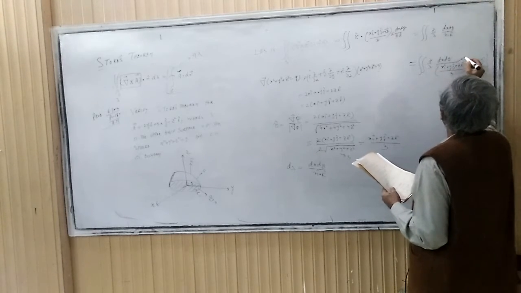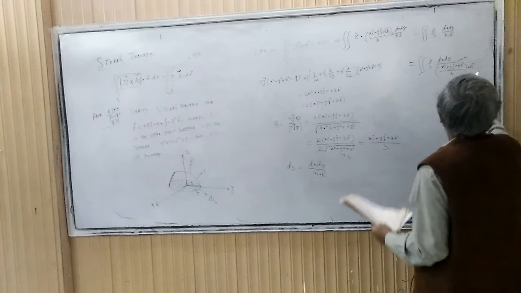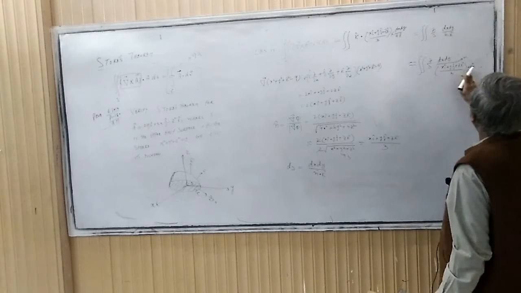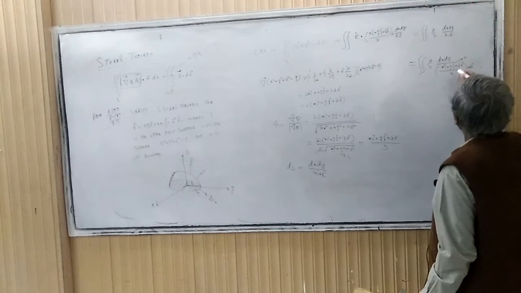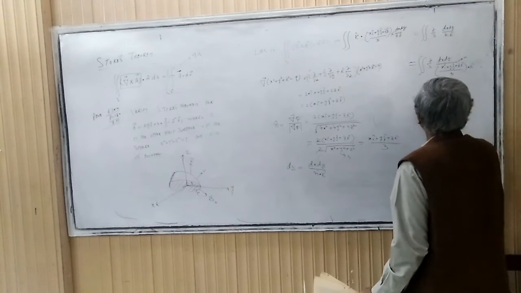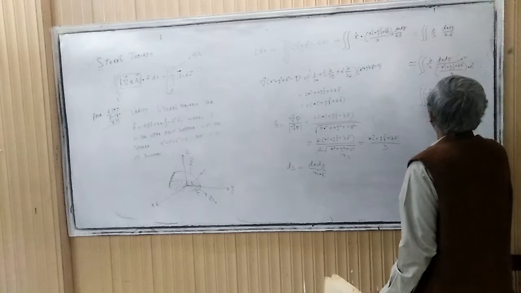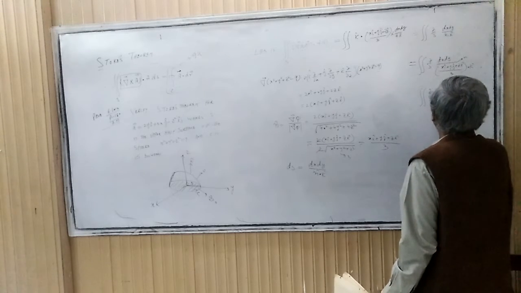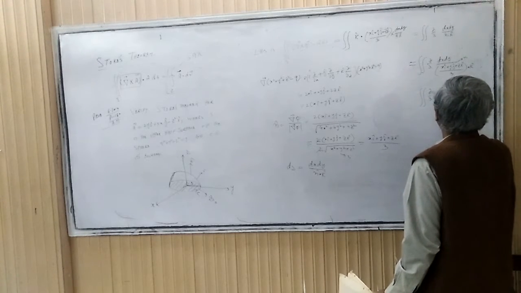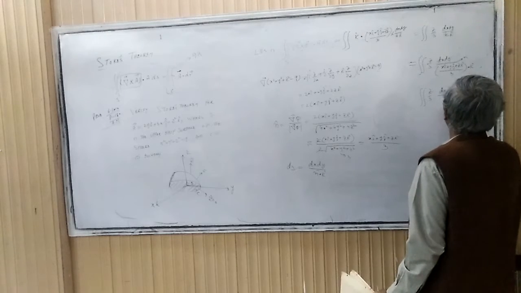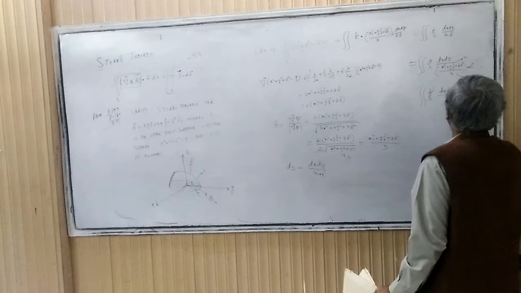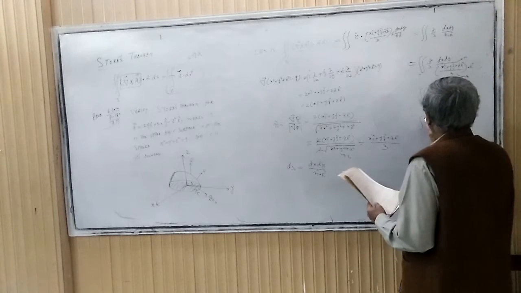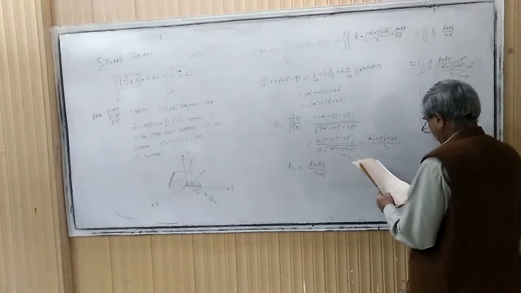Again k dot i is 0, j dot k is 0, k dot k is 1, so we will have z by 3 here as well. The z over 3 cancels, and you will have dx dy.